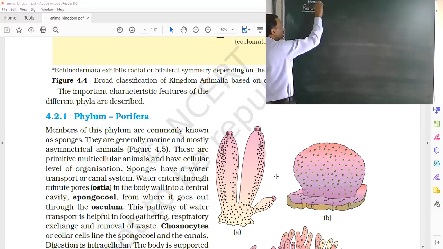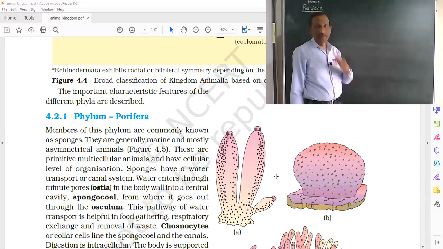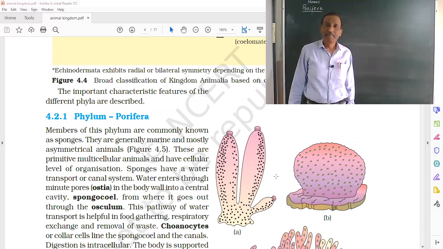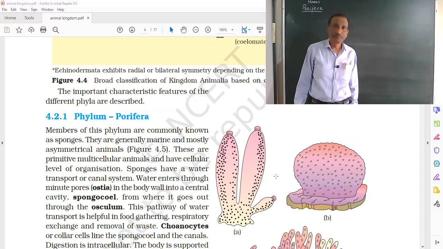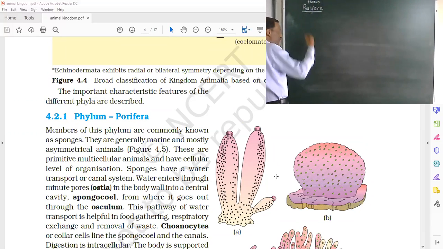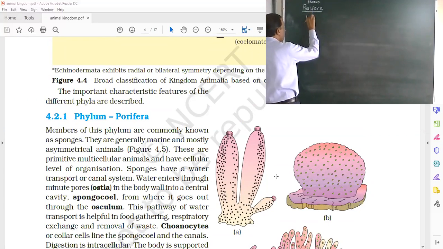Porous means their body has a number of pores. The organisms with porous bodies are Porifera. When we study them, we'll study on the basis of certain characteristics. So today let us write down what things we will study.